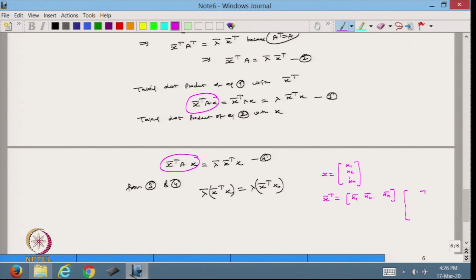So, x bar transpose x will become this into x1, x2, xn.